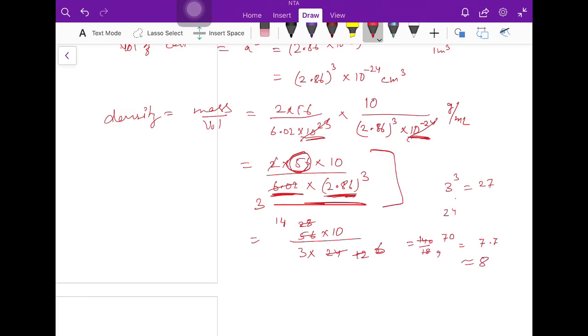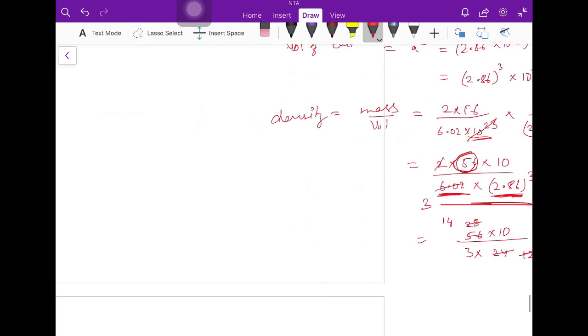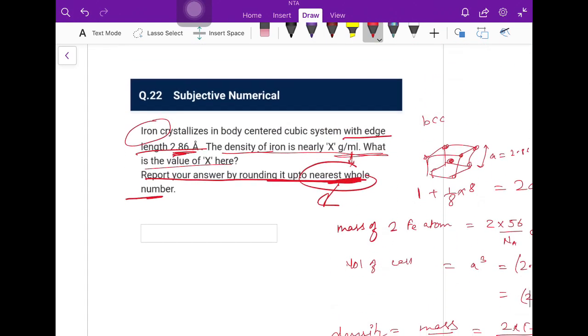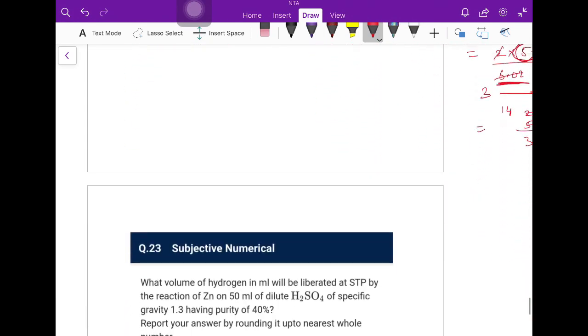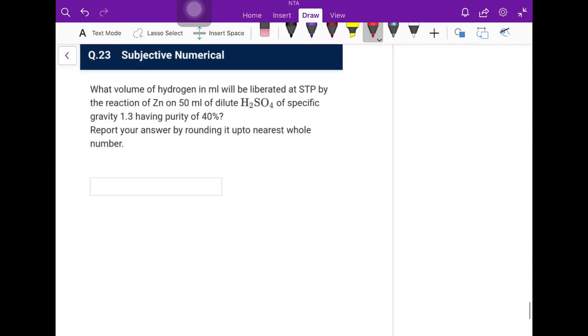This is approximately equal to 8. So see the values. If you get 8 as the answer, then this is correct. I've just solved it roughly, so check it yourself.